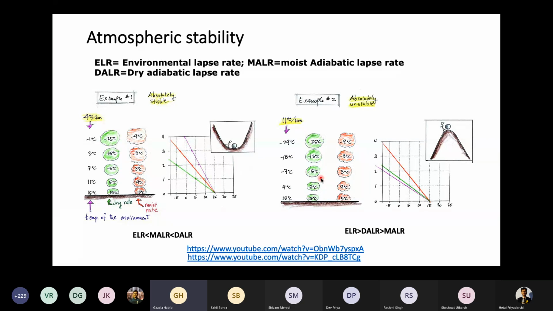Whatever we are emitting on the ground surface will move up. Good dilution and dispersion will happen, and therefore less concentration of pollutant will remain near the earth surface. This condition we generally see during the summer, while the absolutely stable or inversion condition occurs during the winter.